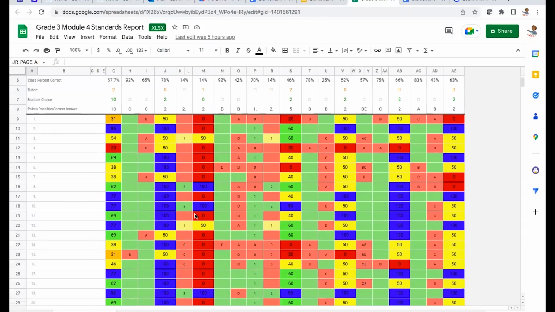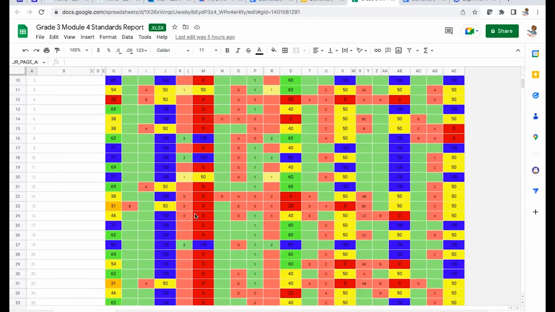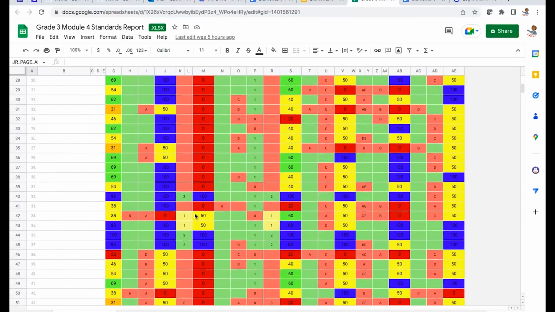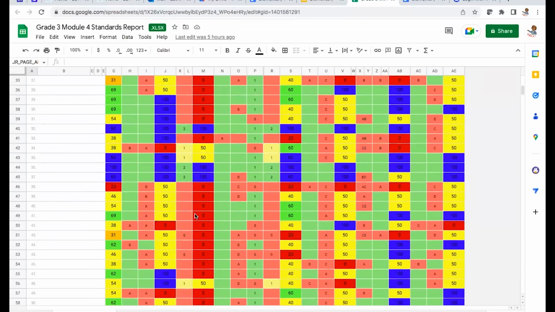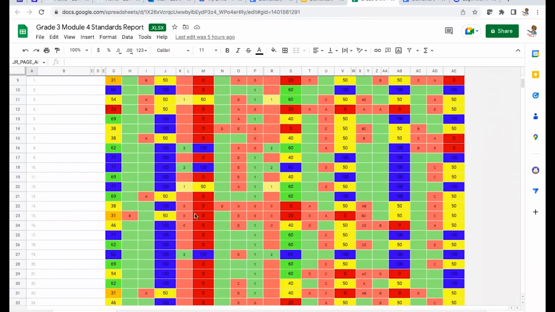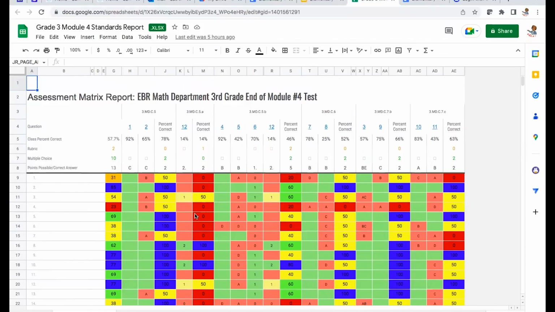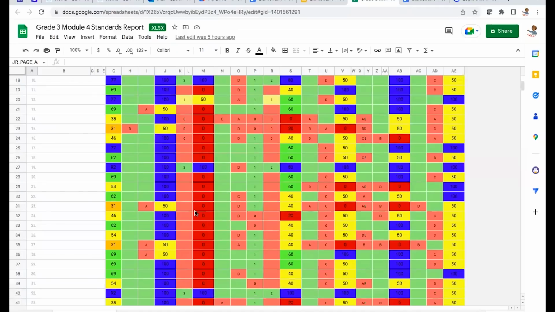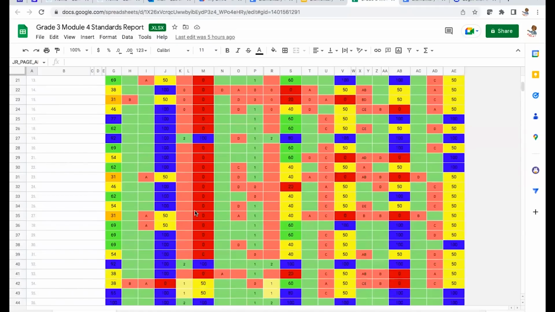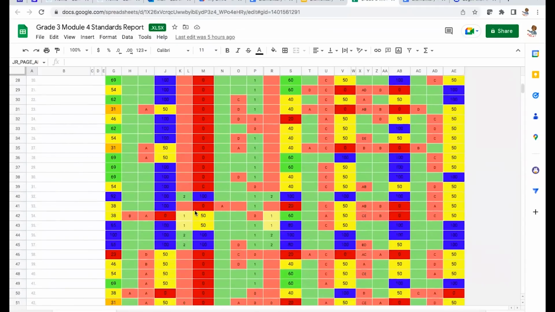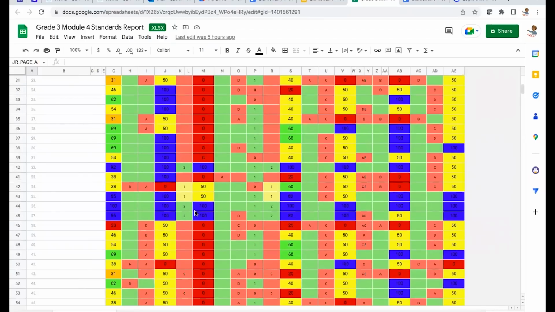For my students who got 50% on this question, I want to take a look and see what did they do well on? What was the piece that was missing? And I'm going to plan intervention for them that focuses on those parts and those components that they need. Whereas maybe some of the other students, since they either didn't get any points or didn't attempt any, I may actually have some reteaching opportunities for those students around that standard.